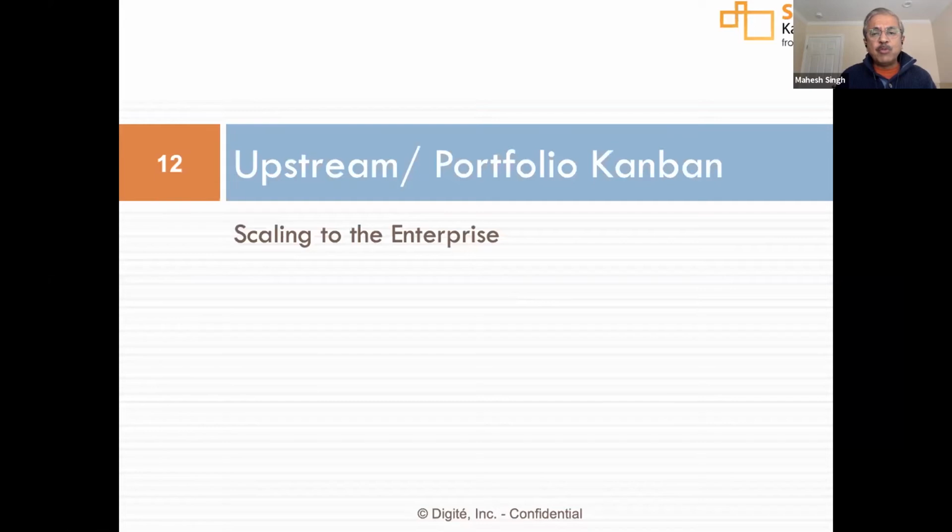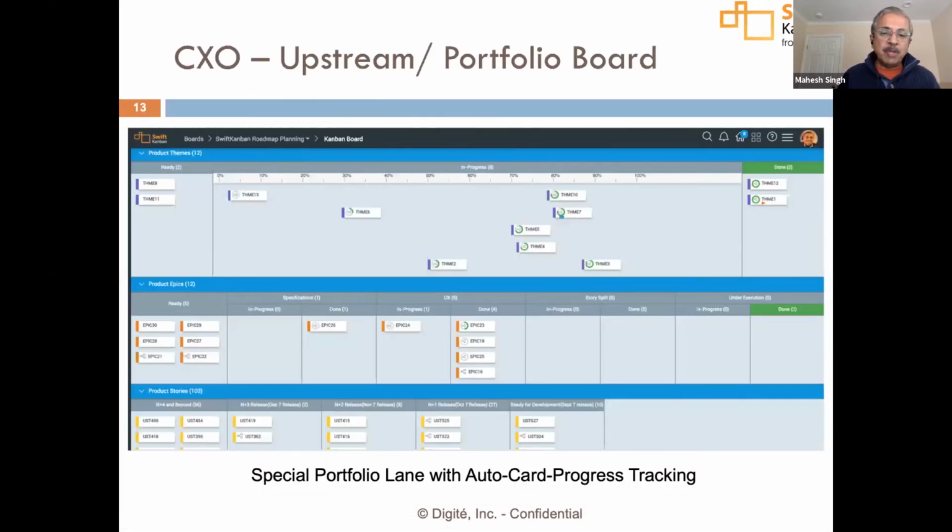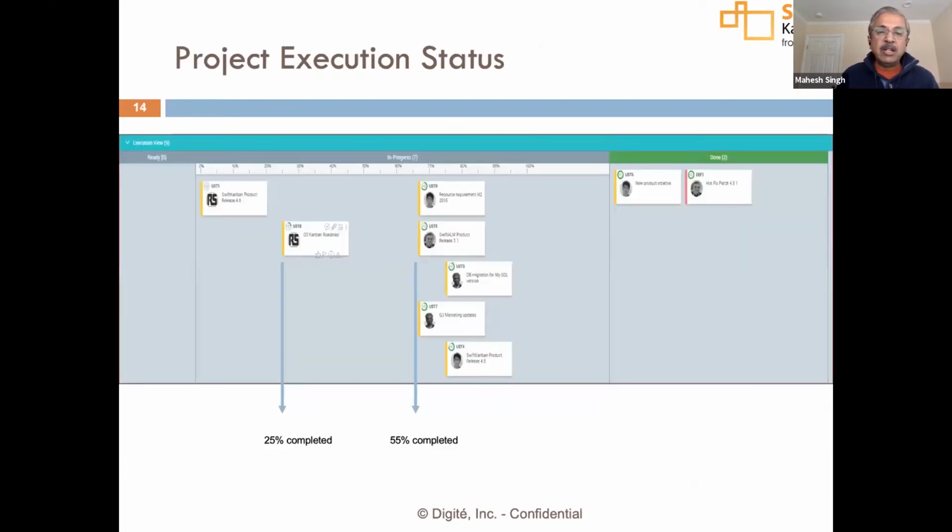We have a strong support for upstream and portfolio Kanban that lets you scale from a small team to the entire enterprise. And we have some very active customers using this. So you have the ability to set up what we call special portfolio lanes that let you monitor high-level work, which is projects or programs or strategic initiatives or OKRs, and then let you drill down that into lower-level work items all the way down to maybe tasks or user stories that let you then connect.